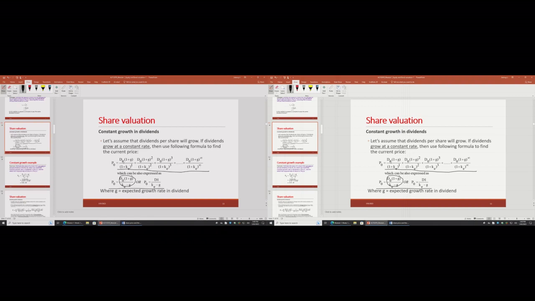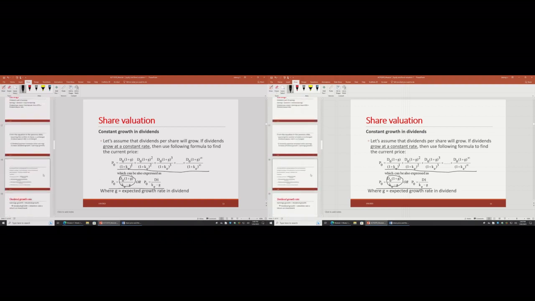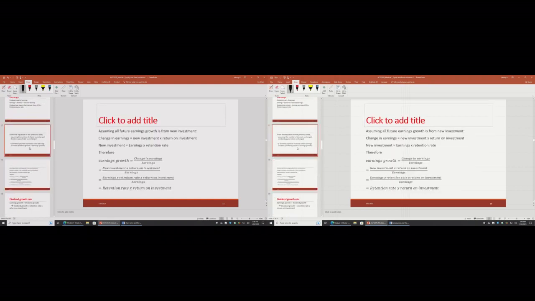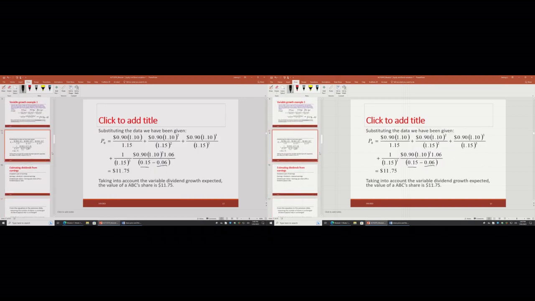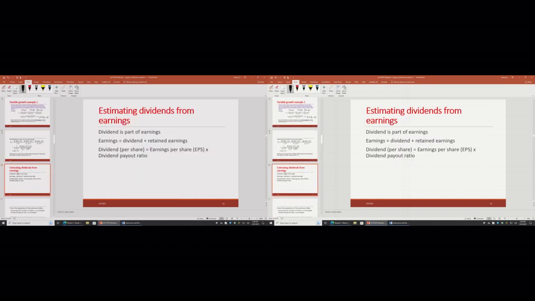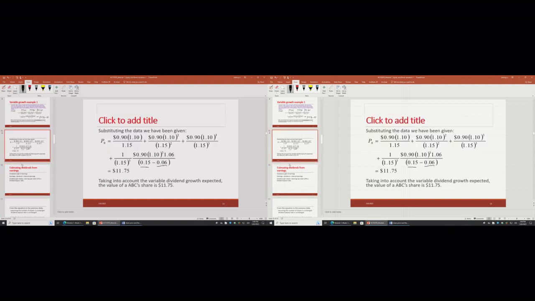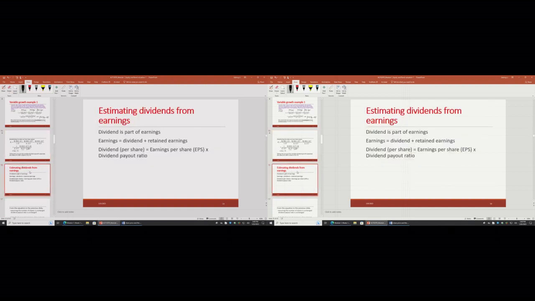Theoretically, we can also estimate the dividend growth information. First of all, you have to be aware of where the dividend comes from.